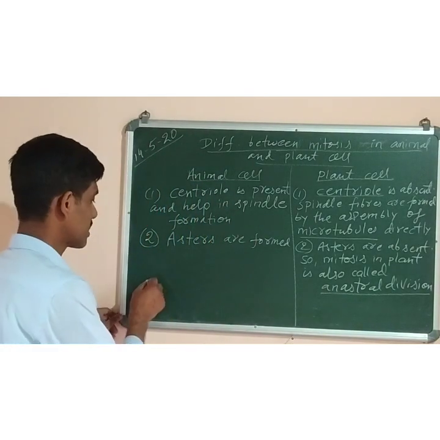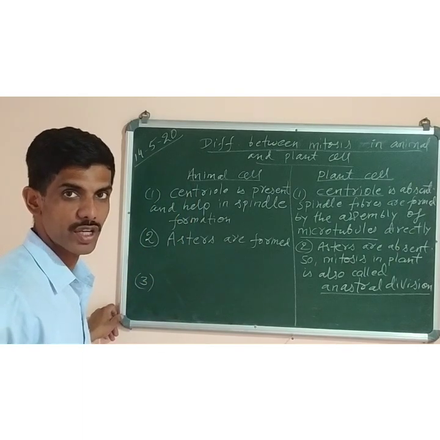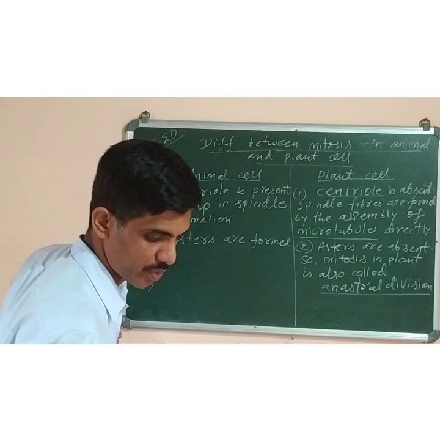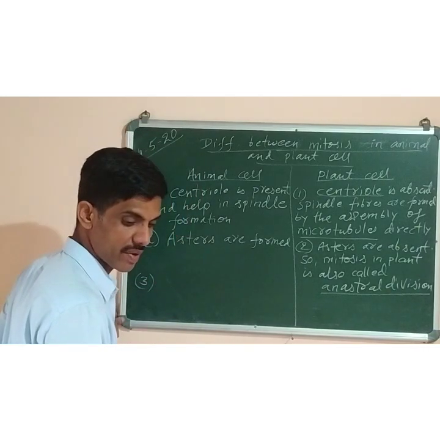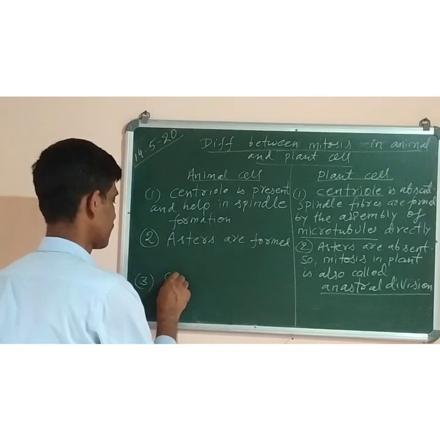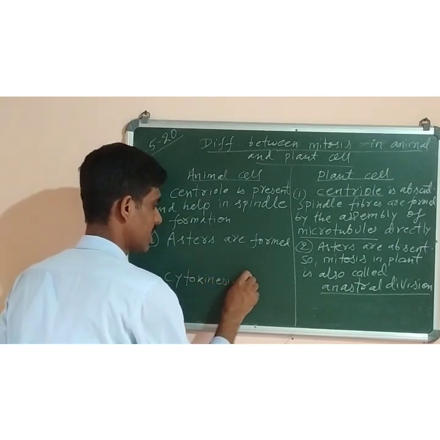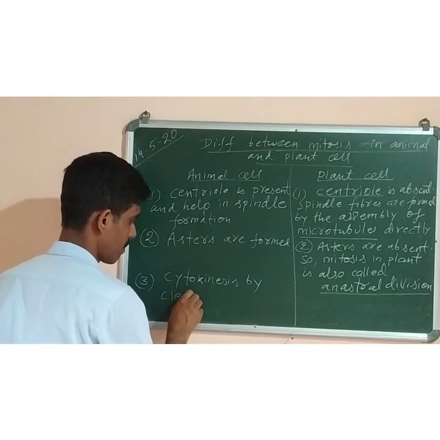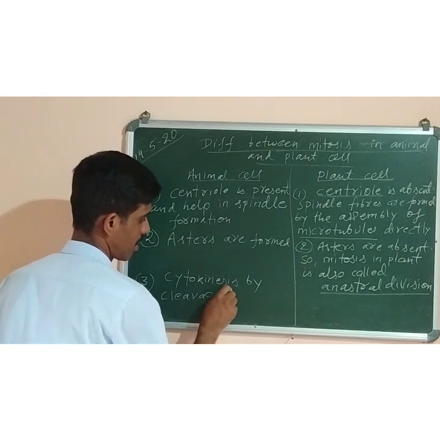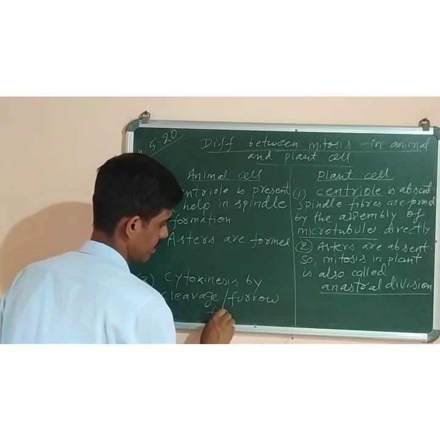And the third point you can say about cytokinesis. In animal cells, cytokinesis occurs by cleavage formation. So third point is cytokinesis occurs by furrow formation or by cleavage formation. Cytokinesis by cleavage or furrow formation.